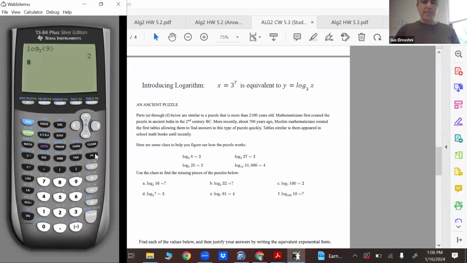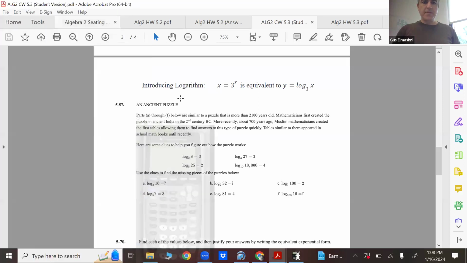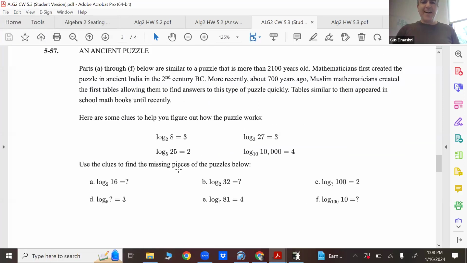So let's look at some examples here. I told you I have to do a lot of teaching today. Let's not worry about this whole puzzle thing, but if you just think about it: log base 2 of 8 equals 3, so 2 cubed, because 8 equals 2 cubed. That's because 27 equals 3 cubed.